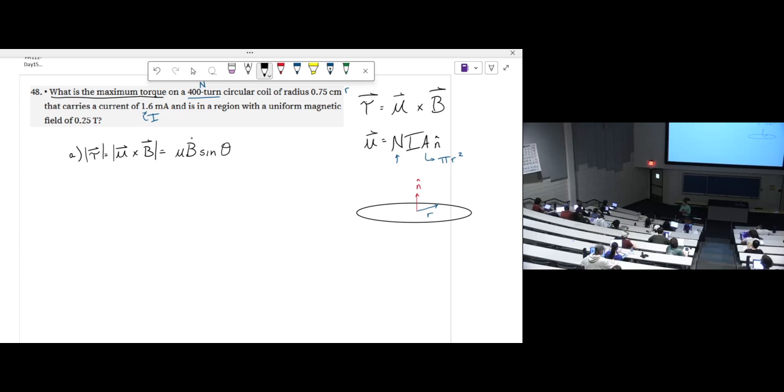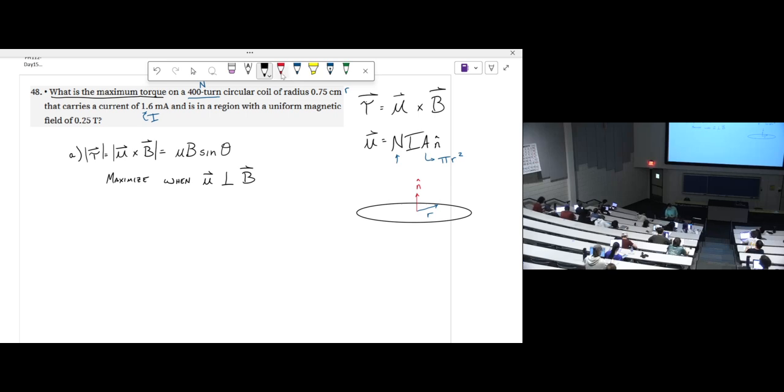When sine theta is equal to 1, when the angle between the magnetic field, so this is maximized when mu is perpendicular to B, right?